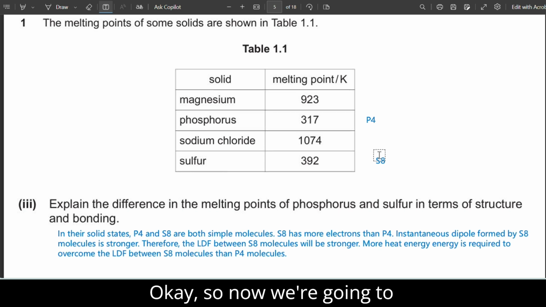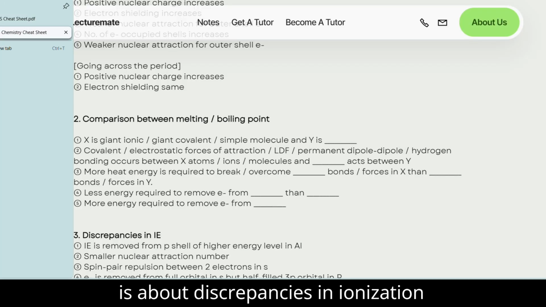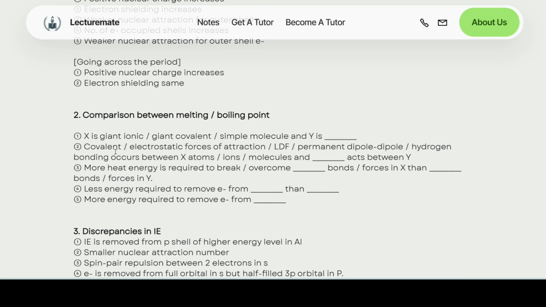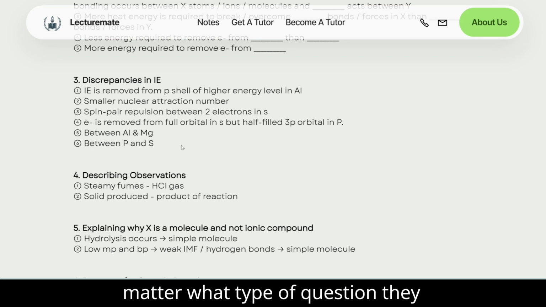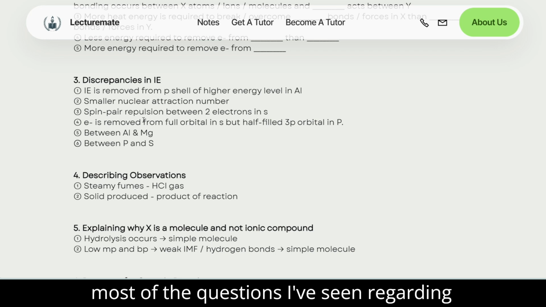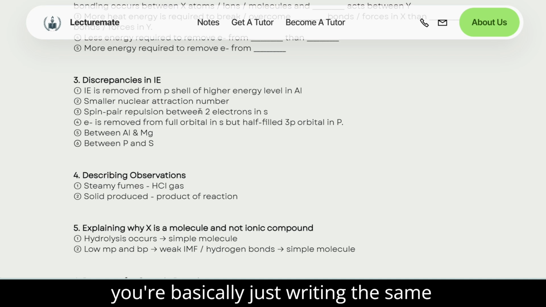Done. Now we're going to move on to another type of question, which is about discrepancies in ionization energy. You'll notice I basically just copied it over. This is because no matter what type of question they give, it doesn't really matter how it's phrased. For most of the questions I've seen regarding discrepancies in ionization energy, you're basically writing the same points.